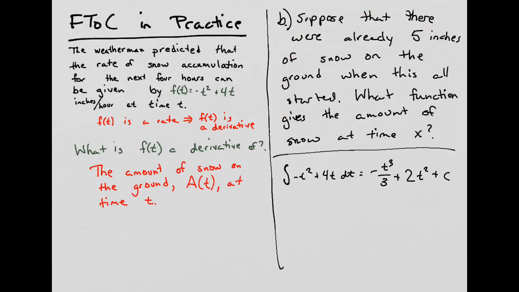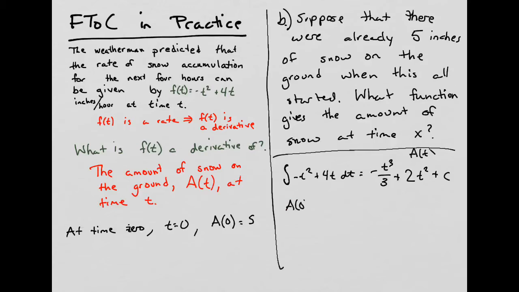So what's important as we look at this, suppose that there were already 5 inches of snow on the ground when this all started. So that means at time 0, that is t equals 0, A of 0 equals 5. And so this right here, this is our A of t, right? So A of t is this buddy.